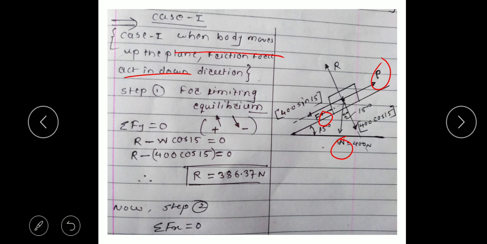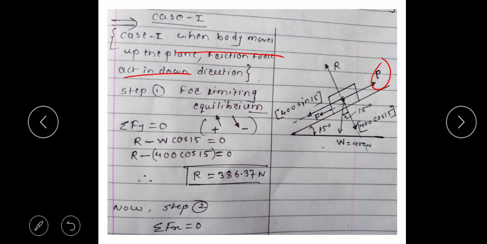For the limiting equilibrium, step 1, summation of vertical forces equal to 0. For the vertical forces, the sign convention is this means positive and this means negative. The inclined forces, so R is in upward direction, so positive, and we don't consider the W because W we have already resolved into the two parts, so W is not to be considered here.